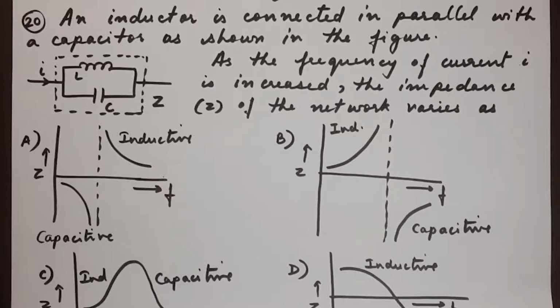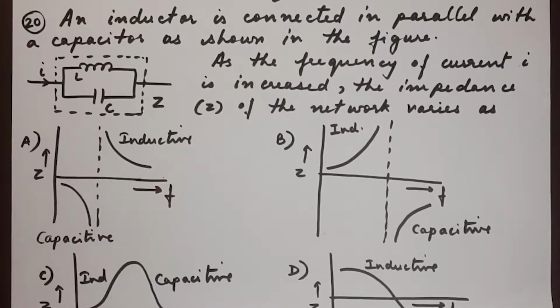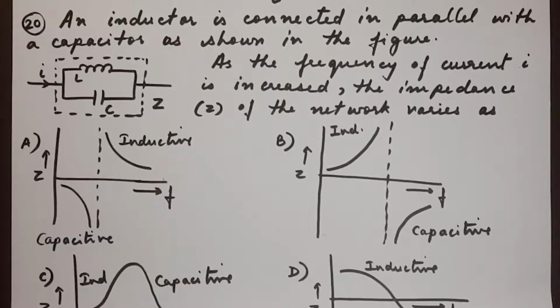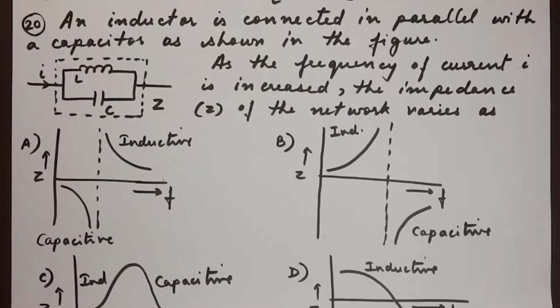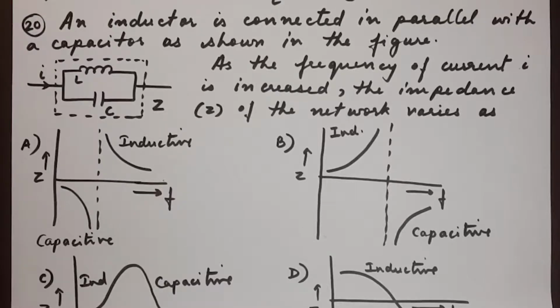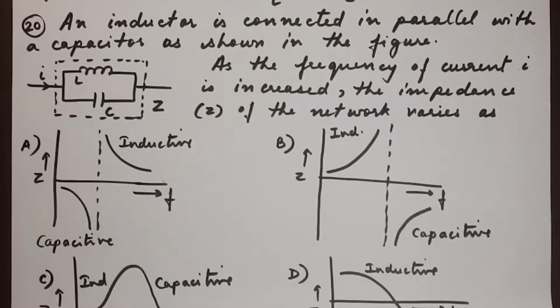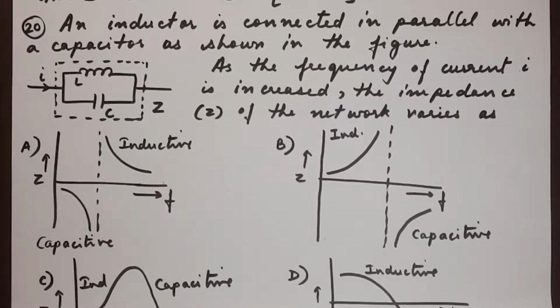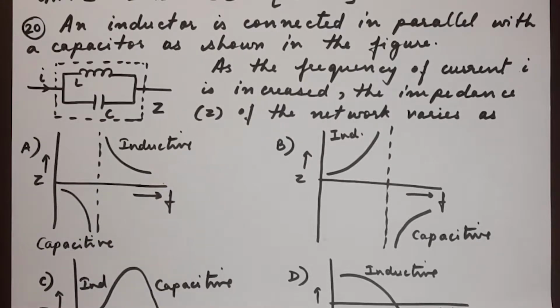The inductor and capacitance are connected in parallel, which means that if we have to find the effective impedance, then that would be the resultant of the parallel combination between the two, which is ZL in parallel to ZC. I'll write it here.